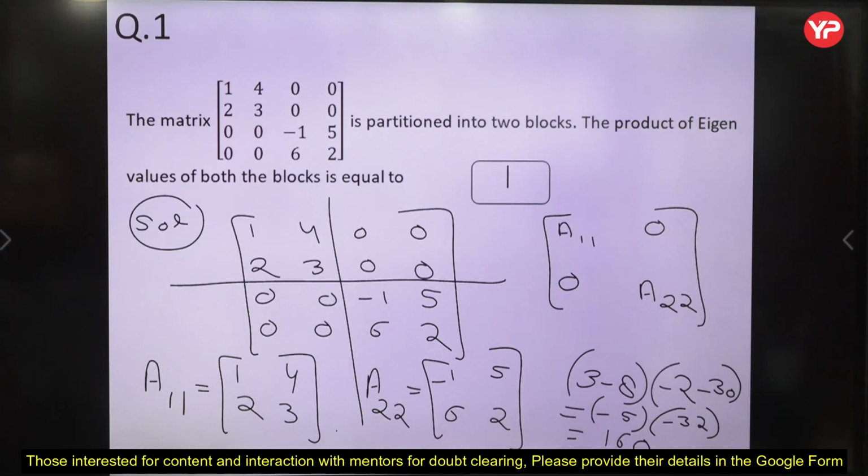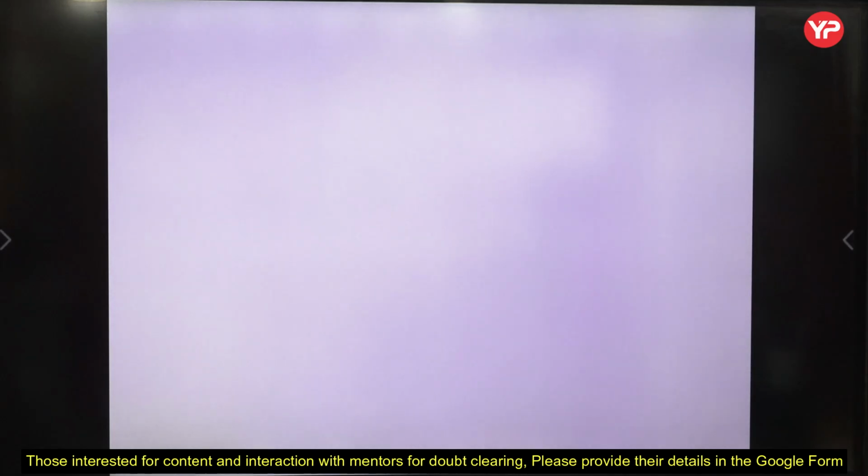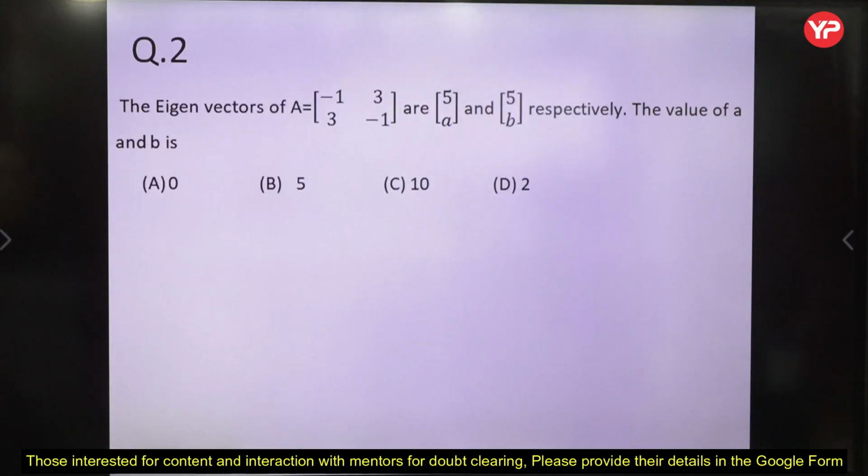Now we can move to the second question. Read the question. Eigenvectors of this matrix are given, and we have to calculate the value of a plus b.